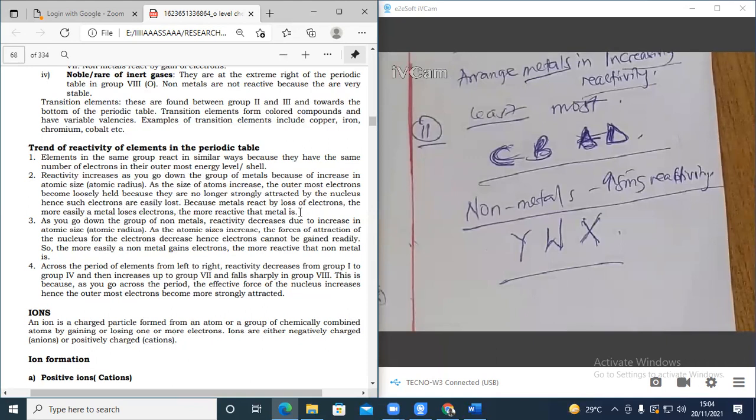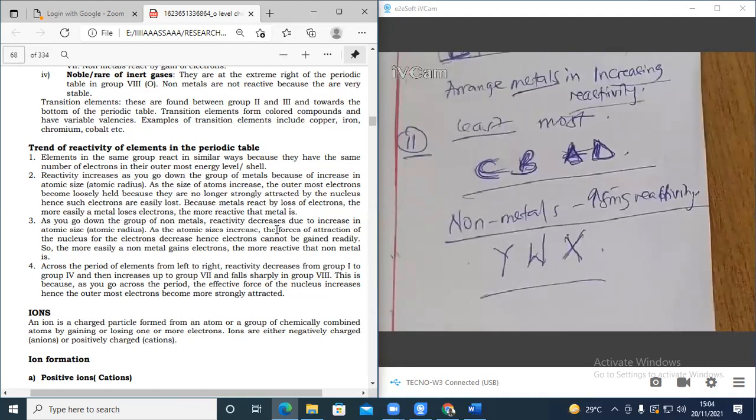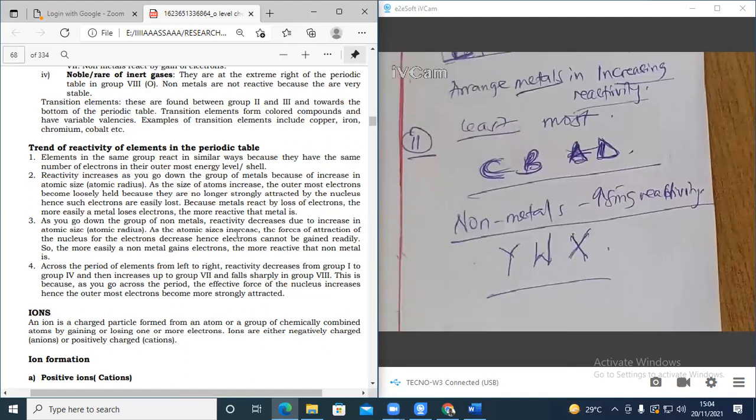Yes. So here they are saying, as you go down the group of nonmetals, reactivity decreases due to increase in atomic size. As atomic size increases, the force of attraction between the nucleus and electrons decreases.